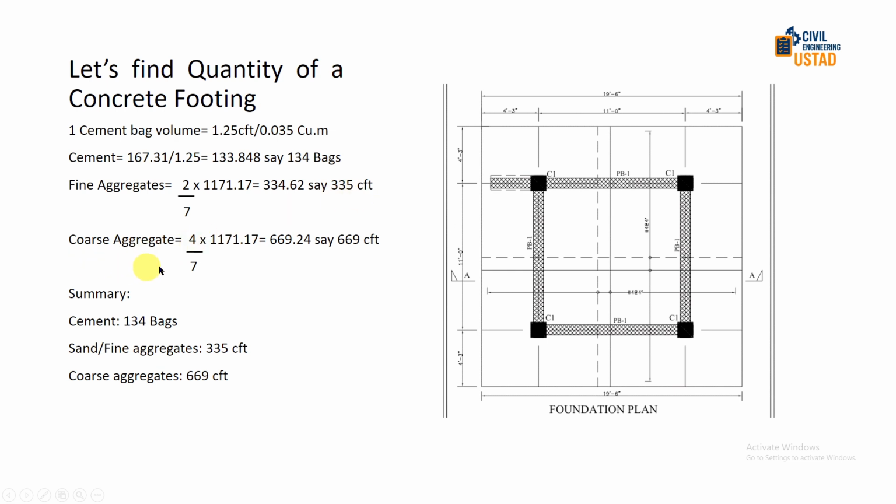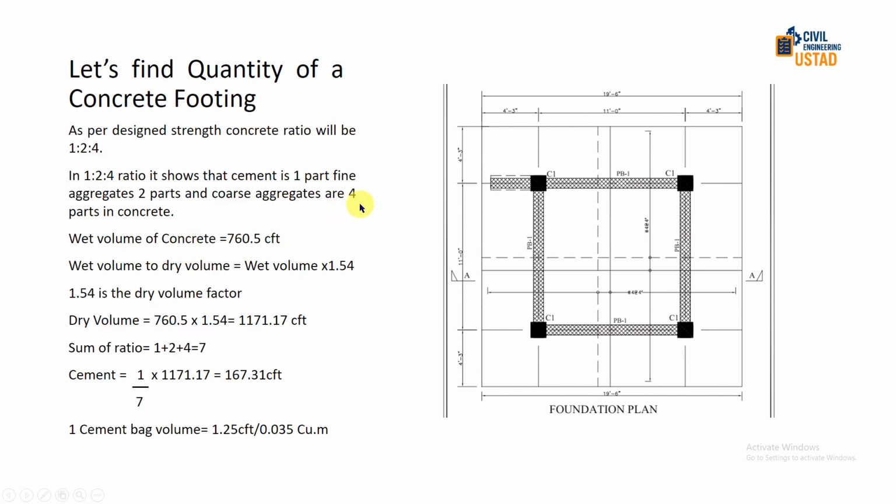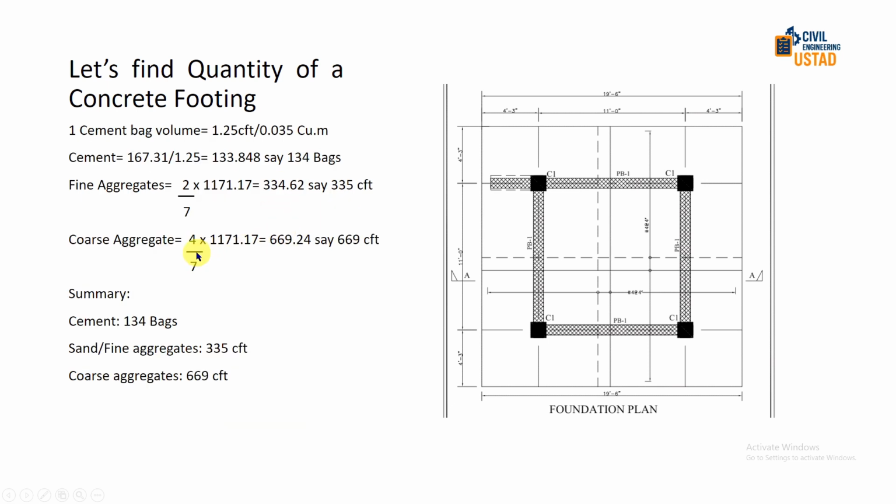For coarse aggregate, we have 4 parts, as you can see here in the ratio. So we will multiply 4/7 with the total dry volume, and we will get the value 669.24. We can round it to 669 cubic feet.